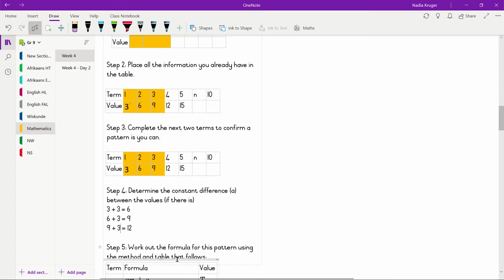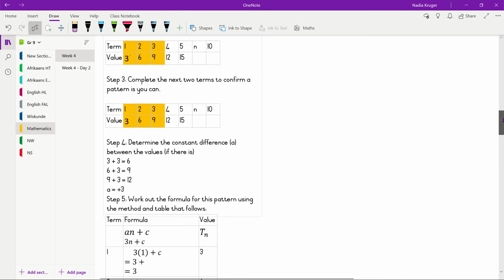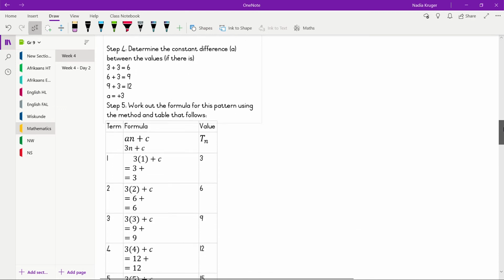So our value for A would therefore be plus 3. It's important to remember that A is positive, because later you will see that A can also be negative.